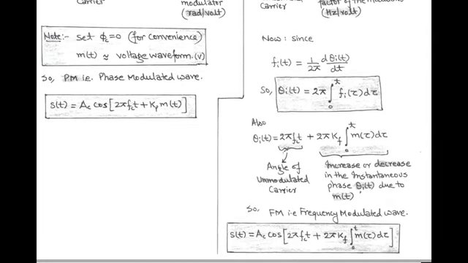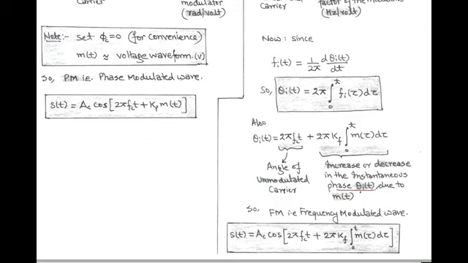So in FM, the instantaneous angle has two terms. The first term is the angle of the unmodulated carrier, that is 2 pi fc t, and the second term, that is 2 pi Kf integration m(tau) d tau, depends upon the message signal and causes an increase or decrease in the instantaneous phase theta i(t).